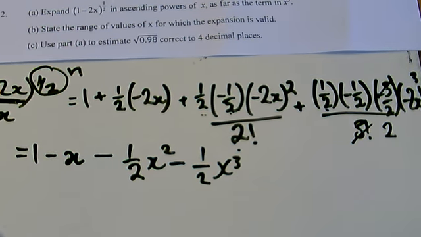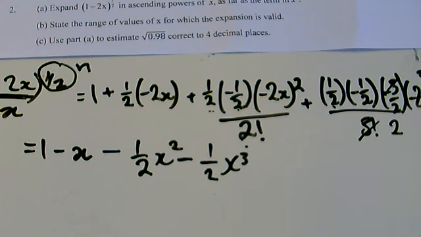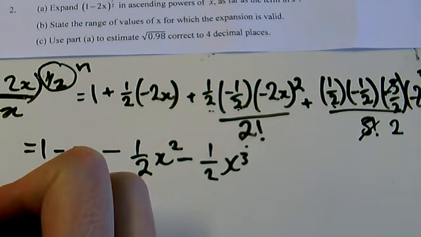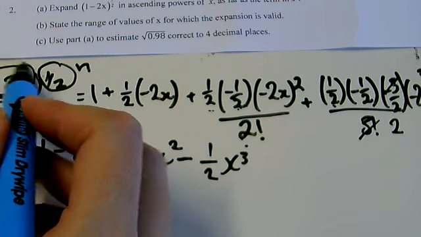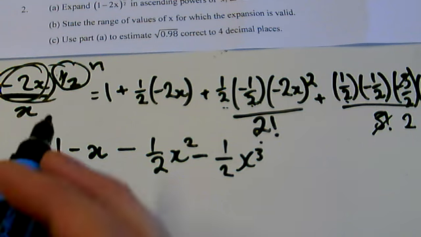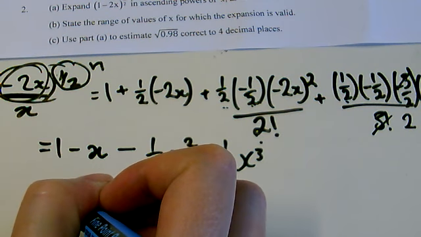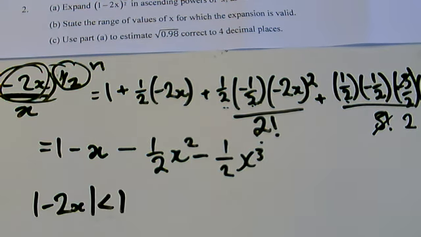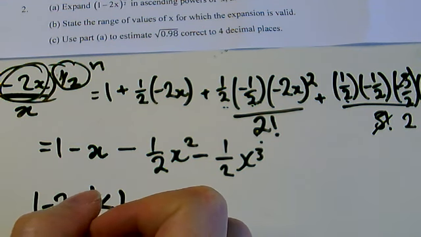Okay, so part B, we want to know what range of values it's valid for. So whatever I substituted in as my x part, the modulus of it has to be less than 1. We know that the modulus of anything negative is positive, so I can just write that like this.